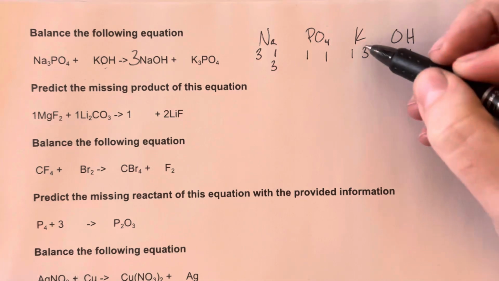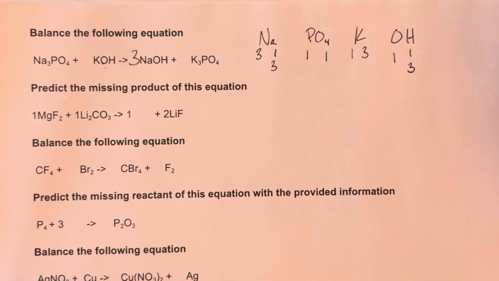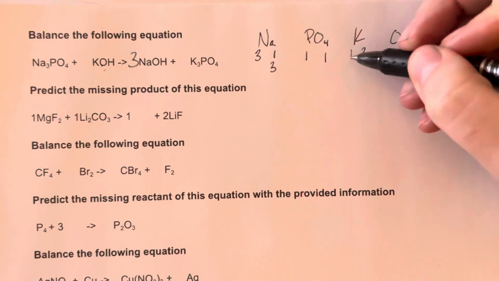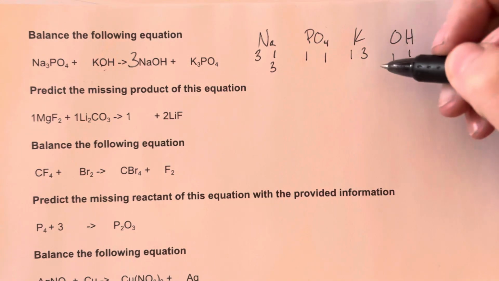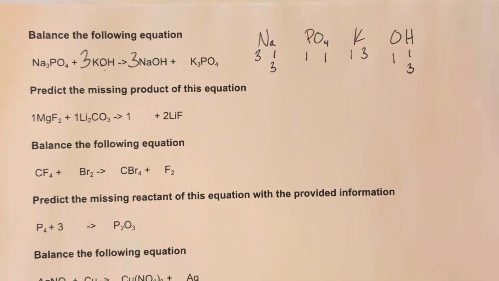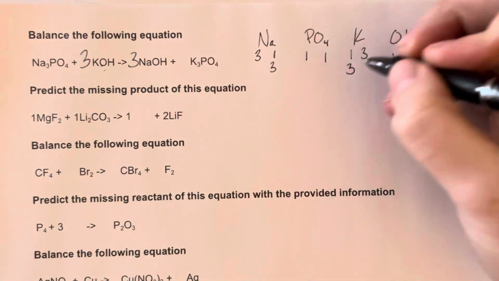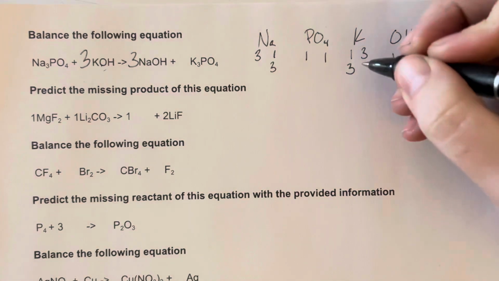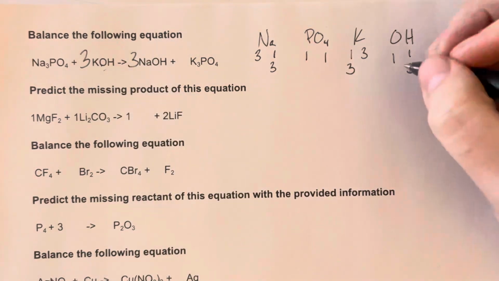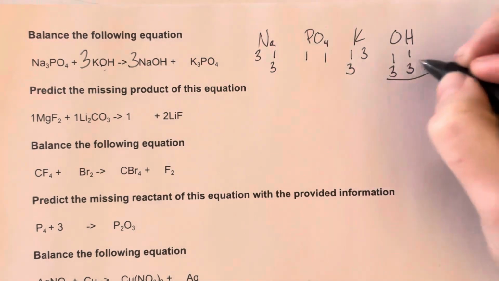And now potassium and hydroxide are not balanced. Potassium is a metal, so I'm going to fix the metal first. Potassium on the left, I have 1, but I want 3, so I'm going to go ahead and add a coefficient of 3 in front of that compound. That will give me a 3 count for potassium on the left-hand side, and then it will also fix my hydroxide at the same time.